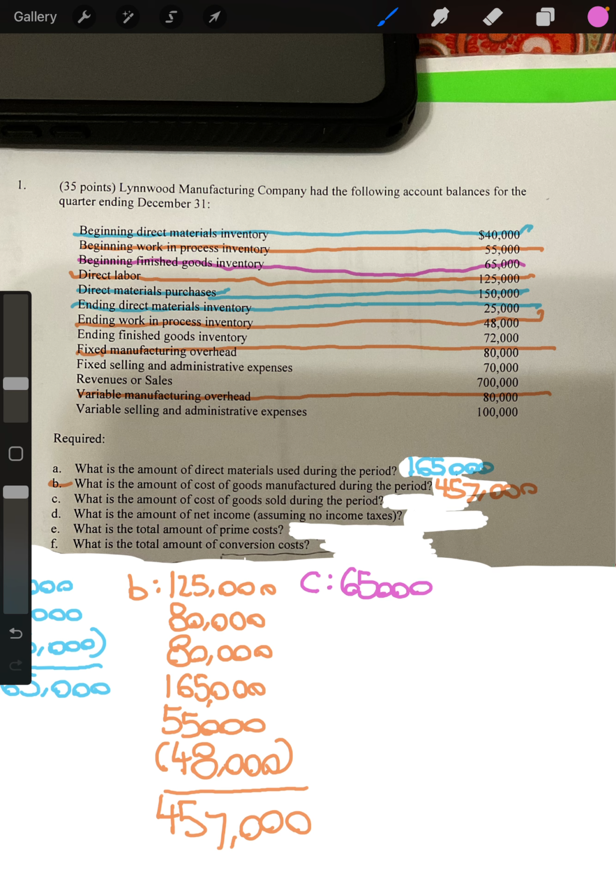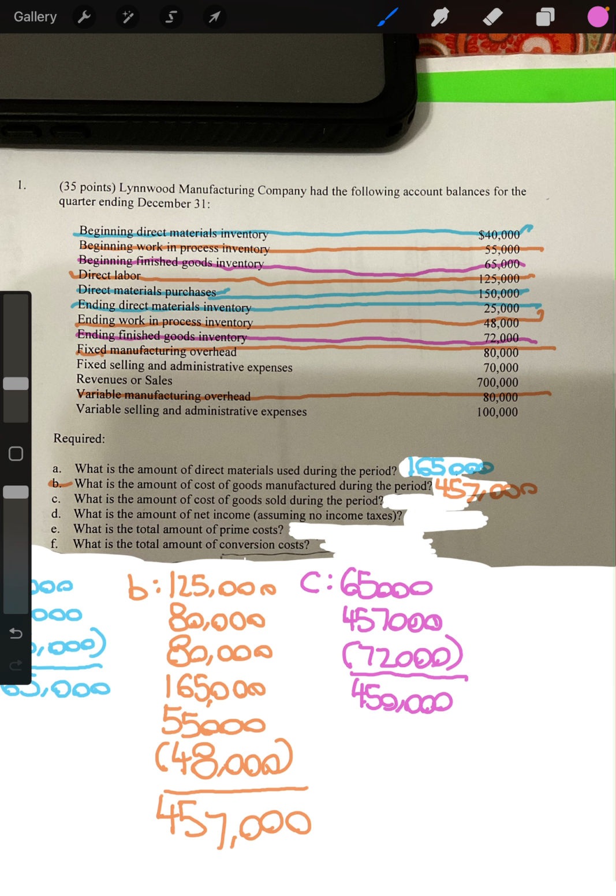And then we're going to take cost of goods manufactured that we calculated as 457,000. And then we have an ending finished goods inventory of 72,000. And we subtract that. And if you do the math there, it's 450,000.